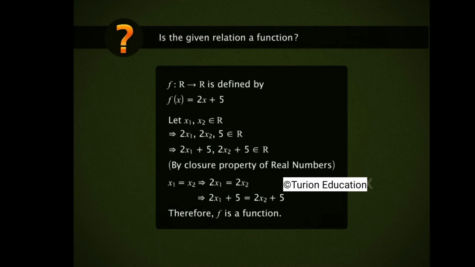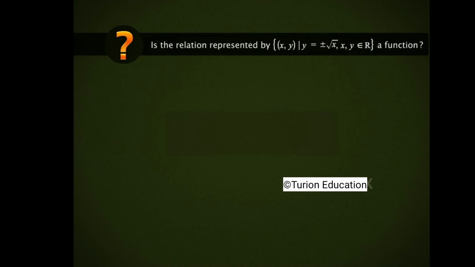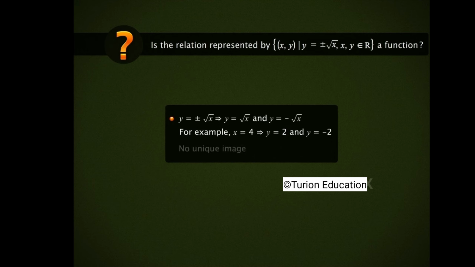Let's check one more example. Is the given relation a function? Here, every positive real number x is associated with positive and negative root x. For example, x equal to 4 will have two images, positive and negative 2. So, it does not have a unique image.